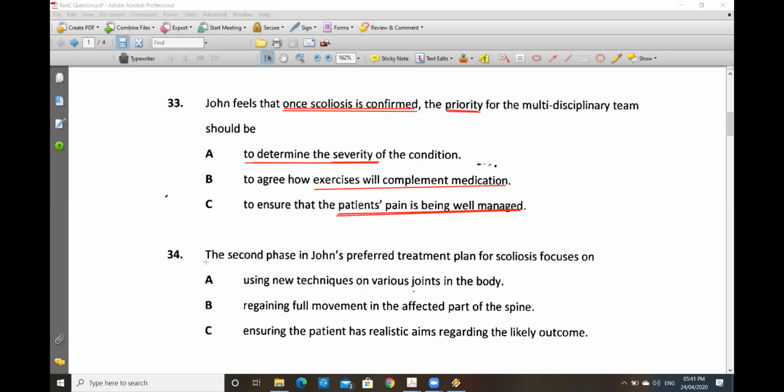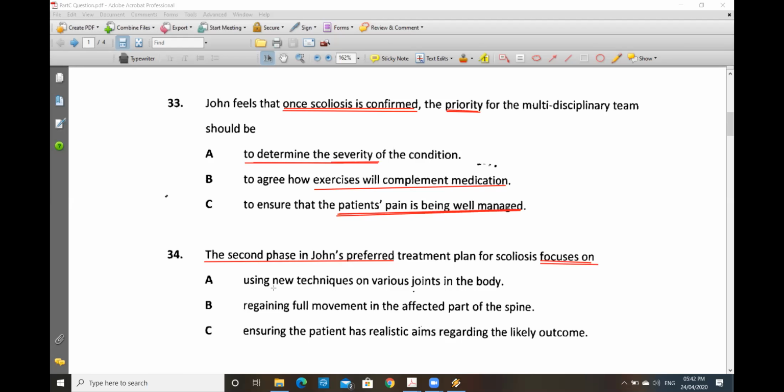And the next question: the second phase in Jones' preferred treatment. When they start talking about the second phase, I would come to this part of the conversation. What is the focus of the second phase? Again, you try and highlight words that help you differentiate answer choices from each other.